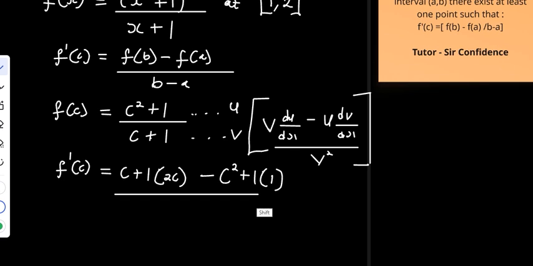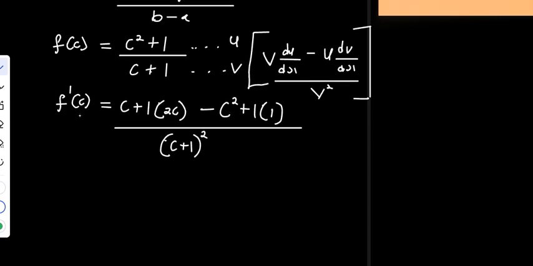Then we divide all of these by v squared, which is c plus 1 all squared.